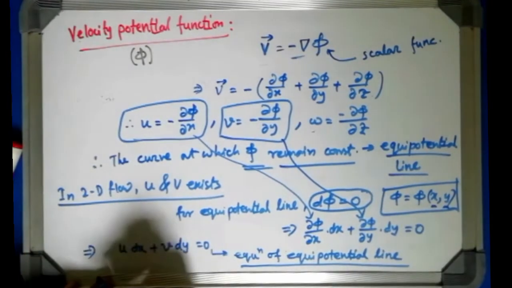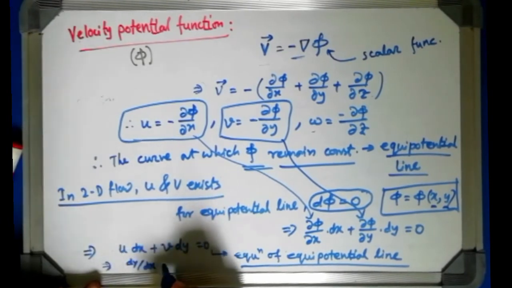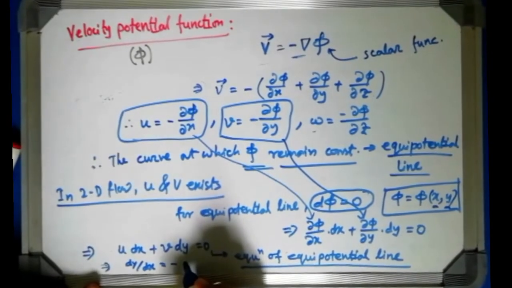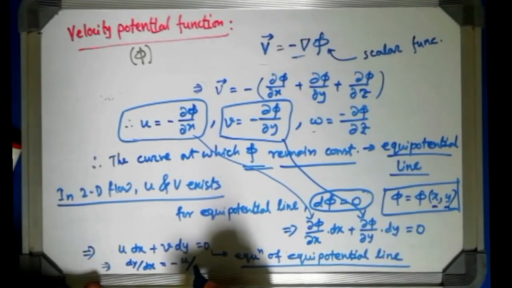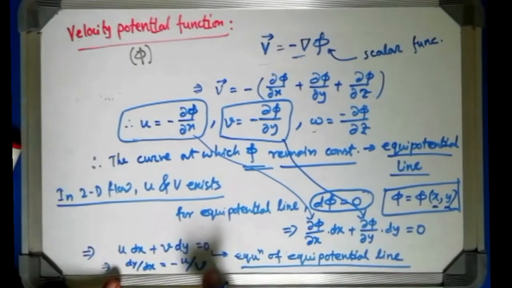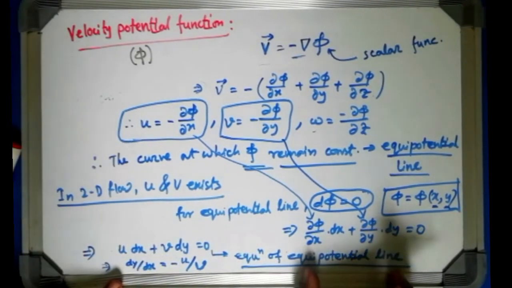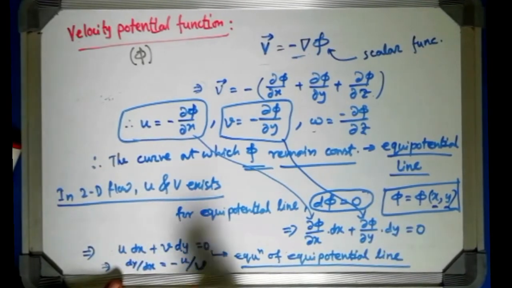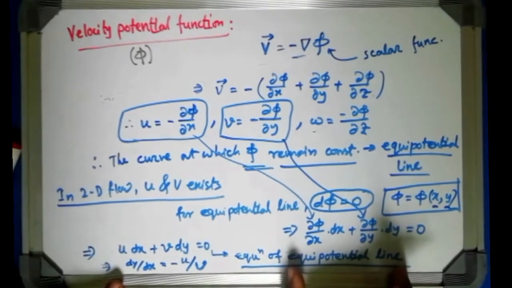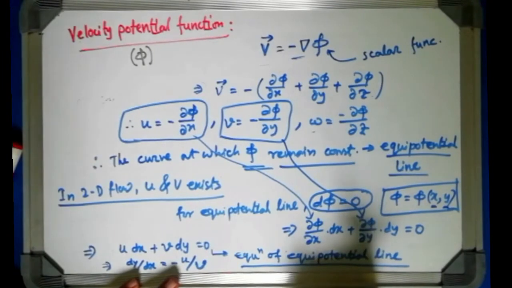Understood? From here I can express dy by dx as minus u by v, isn't it? Minus u by v. Just change the side, it will give you this expression. Dy by dx means the slope or gradient of that particular equipotential line, and that is expressed by minus u by v.